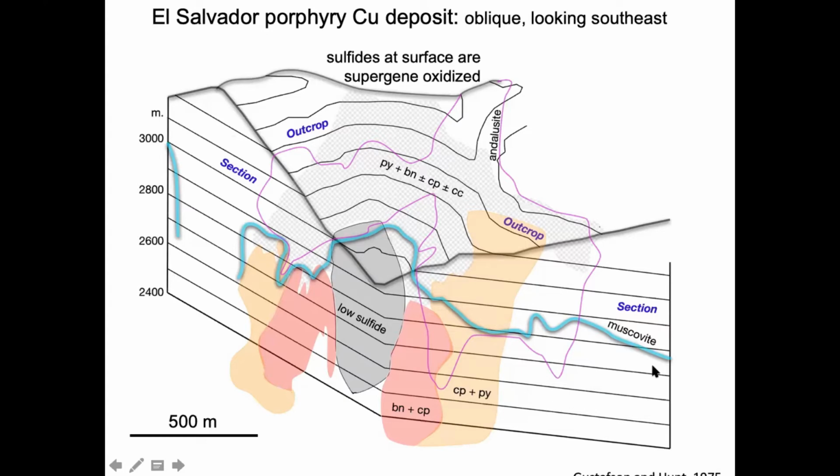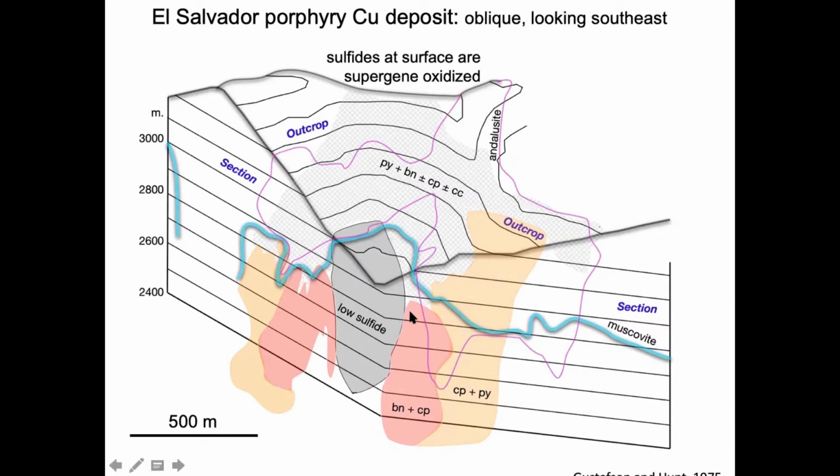This is from Gustafson and Hunt. Now, first of all, we see that there is an area of muscovite and andalusite alteration outcropping at the surface, along with oxidized pyrite, bornite, chalcopyrite. These were all supergene oxidized, so we don't see them at the surface, only where they're encapsulated in quartz veins.